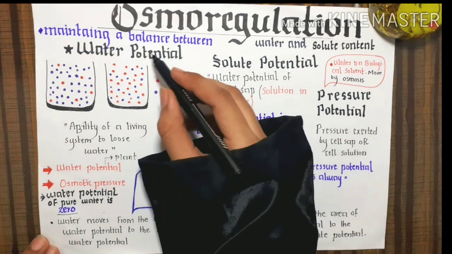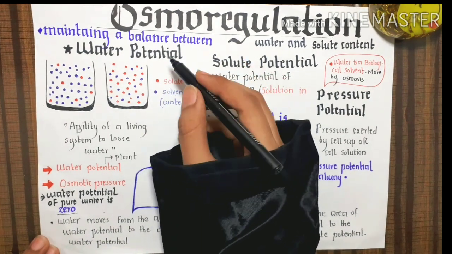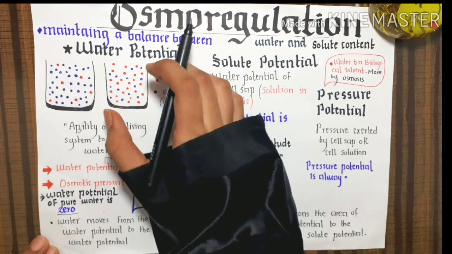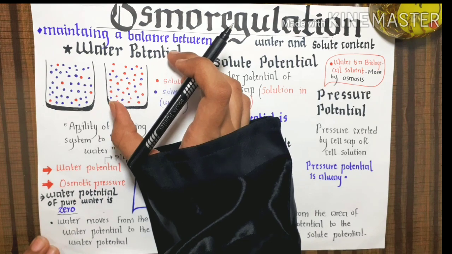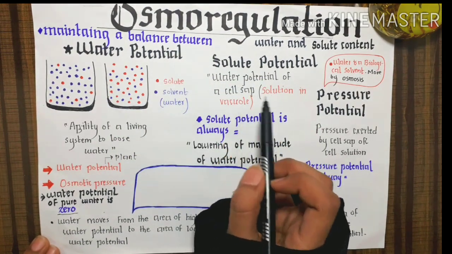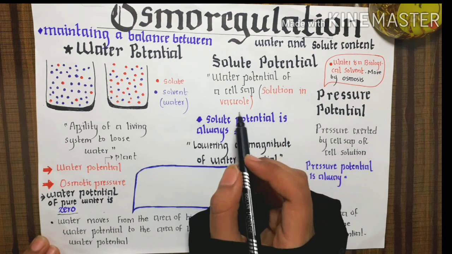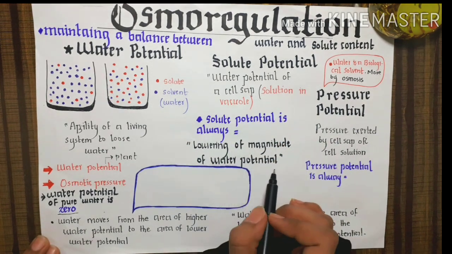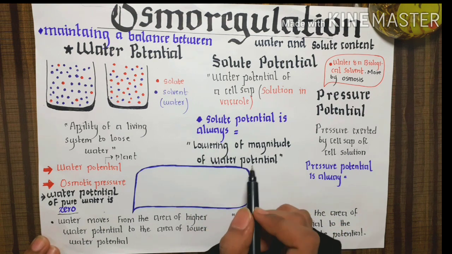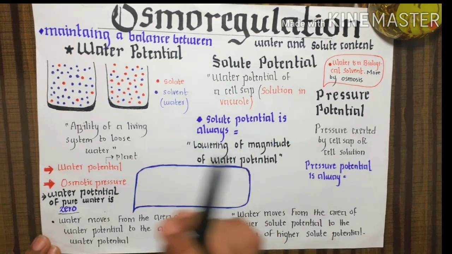So when we increase the solute particles in the container, the water potential starts decreasing because we have more solute concentration. So we can say the lowering of the magnitude of a water potential is called solute potential.